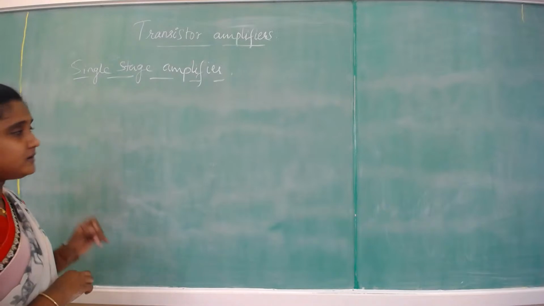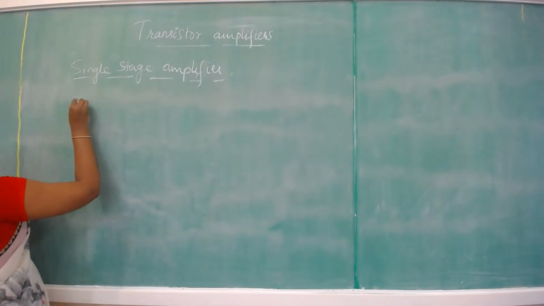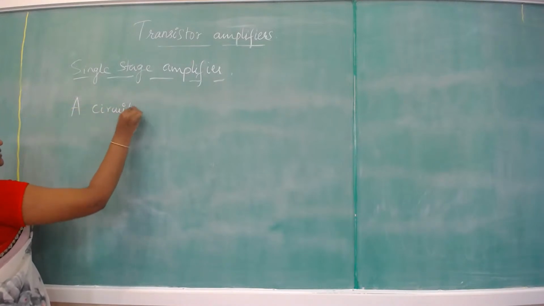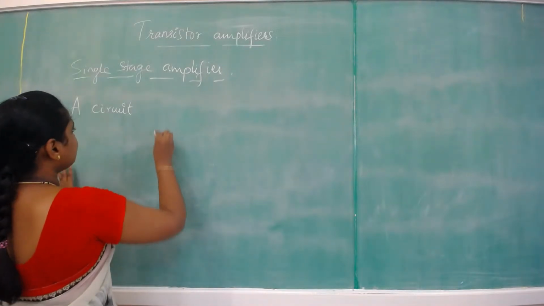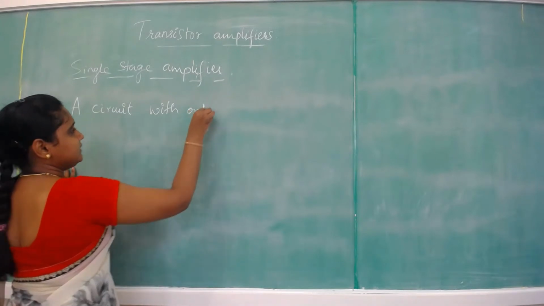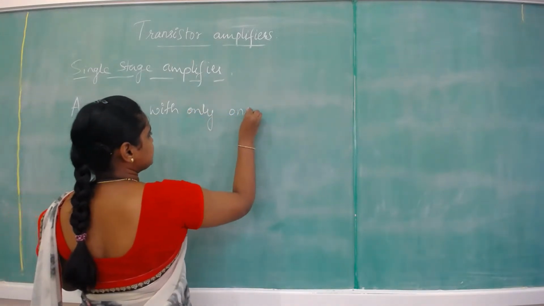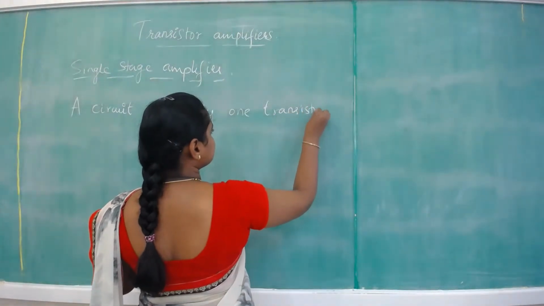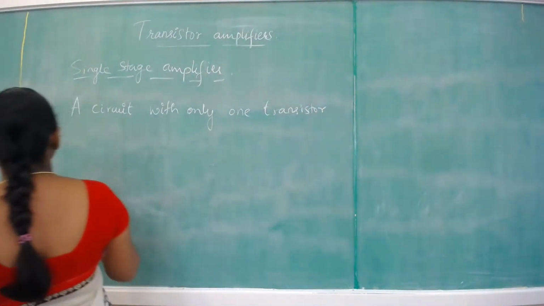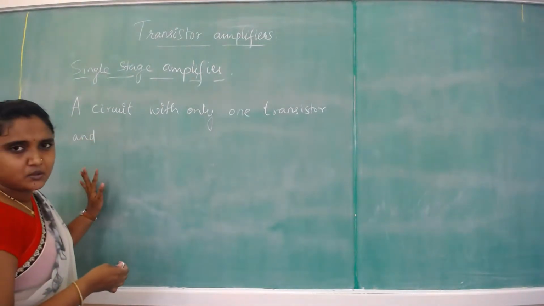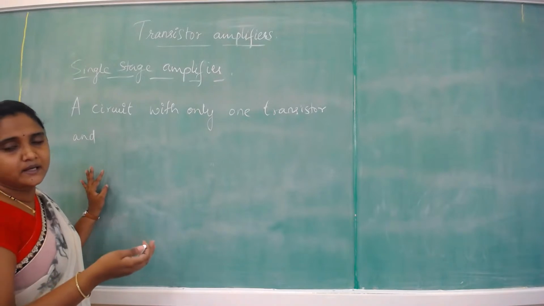A circuit, otherwise an electronic circuit, with only one transistor and associated circuitry. Associated circuitry means whatever is required for its biasing and the required number of resistors.